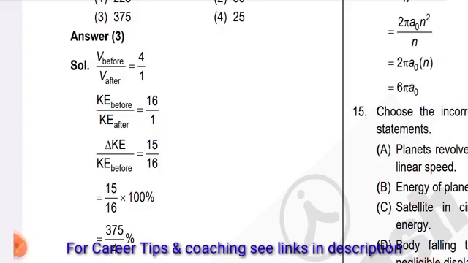It is v before upon v after equal to 4 is to 1, and you can take the kinetic energy as the square of them, and you can take the change in kinetic energy, so it will become 15 upon 16. That is basically 375 upon 4.